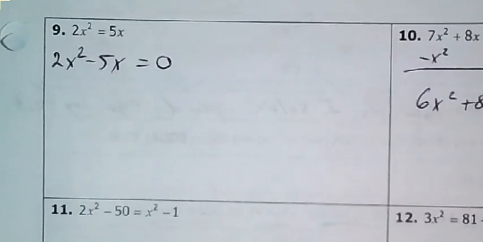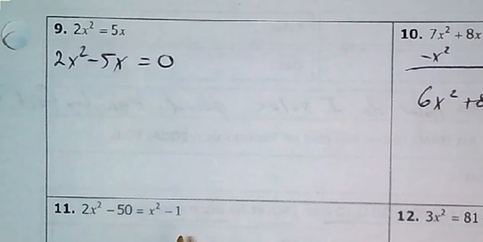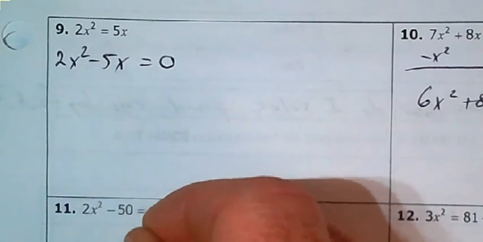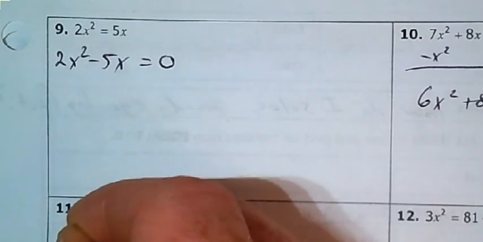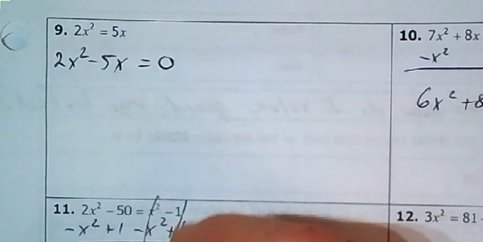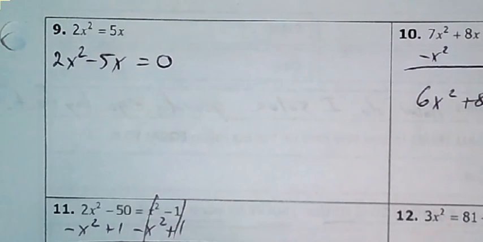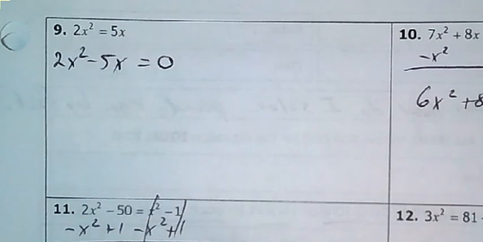Okay, look at number 11. Again, we don't want the x squared minus 1 on the right side, we want it on the left side. So let's subtract the x squared from both sides, and let's add the 1 to both sides. We want to just move the stuff on the right side over to the left side. So this will be x squared, because 2 minus 1 is 1, minus 49 equals 0.